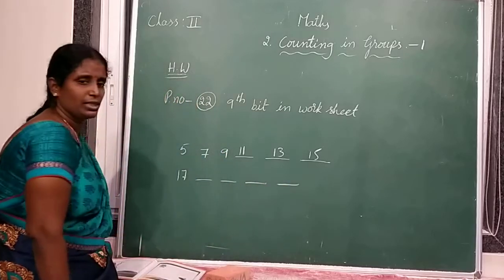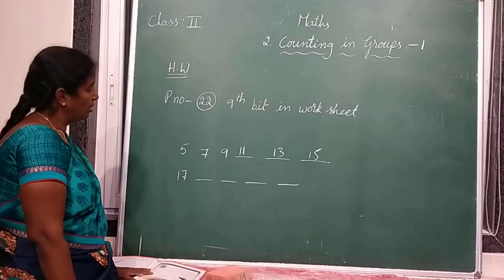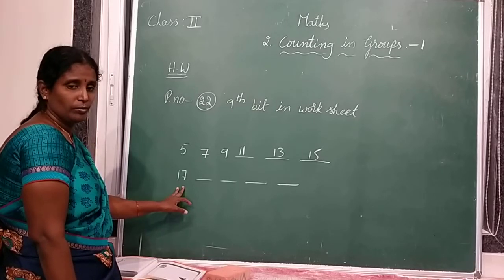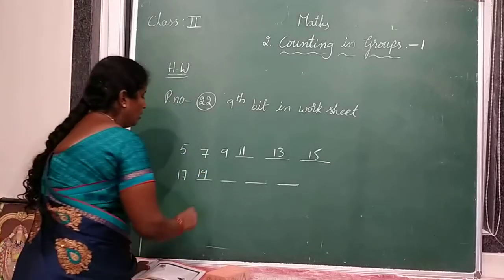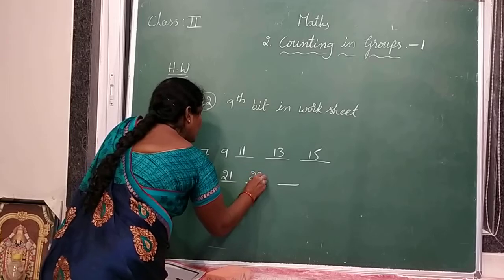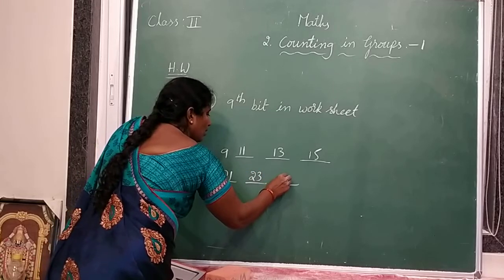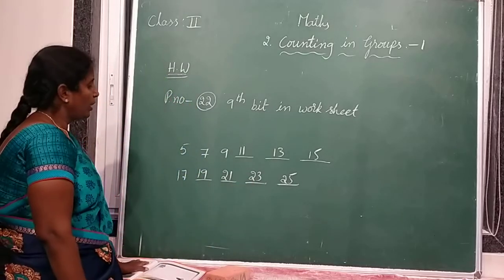Now, can you say the next 4 numbers? After 17, in counting in twos. Yes, 19. After that, 21. After that, 23. After that, 25. Okay.